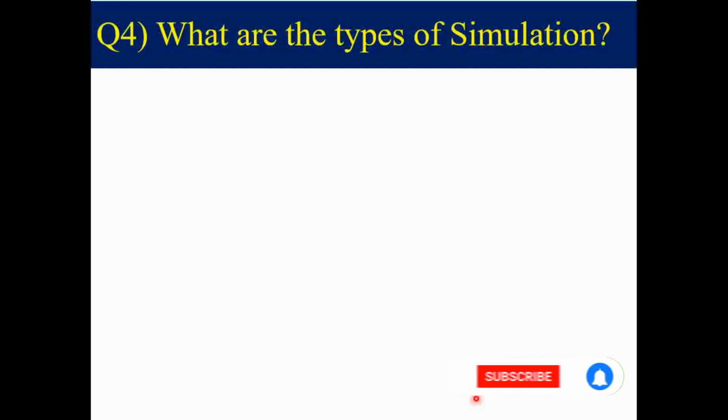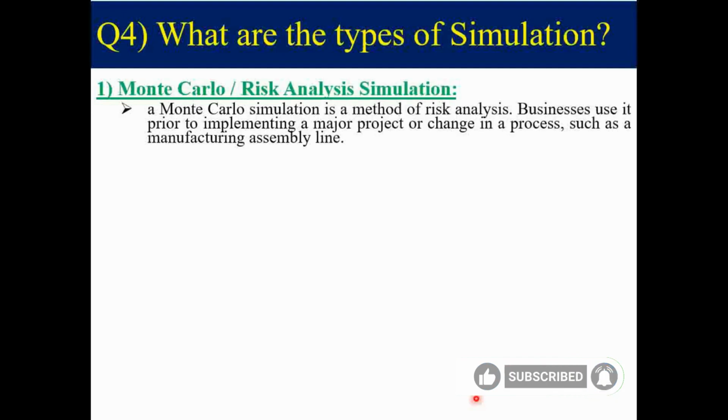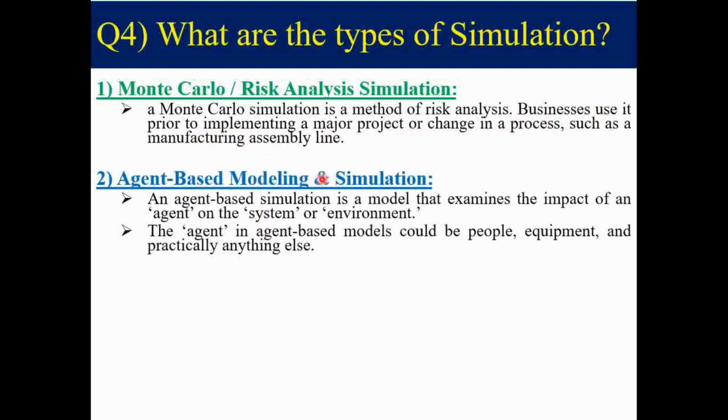Now question number 4, what are the types of simulation? As per industry use, some types of simulations are covered here. The first one is Monte Carlo or risk analysis simulation, a method of risk analysis. Businesses use it prior to implementing a major project or change in the process, such as a manufacturing assembly line. Second type is agent-based modeling and simulation. An agent-based simulation is a model that examines the impact of an agent on the system or environment.